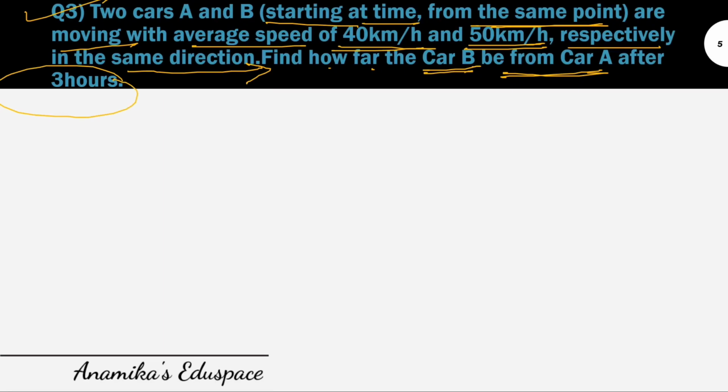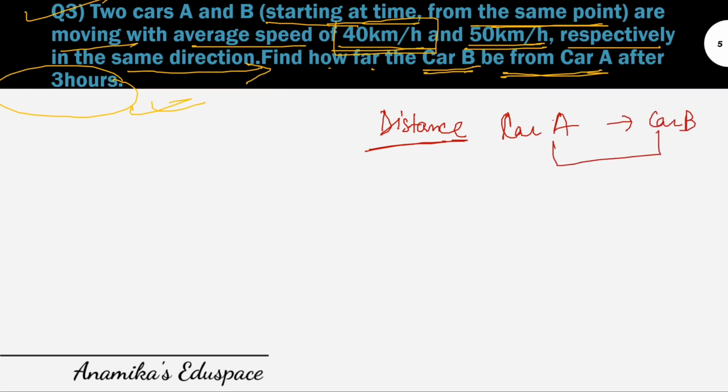So the time is given, and the average speed is given, and what we have to calculate now is the distance traveled. We have to calculate the distance from car A to car B. Clear? What is the distance between these two cars?